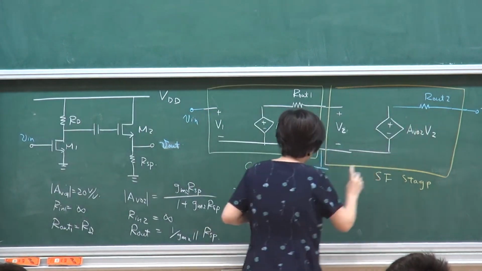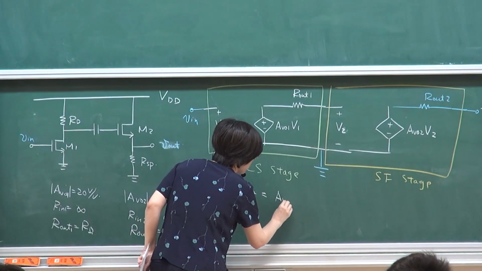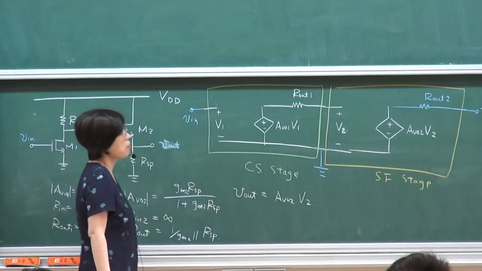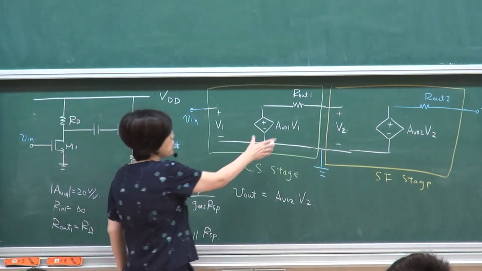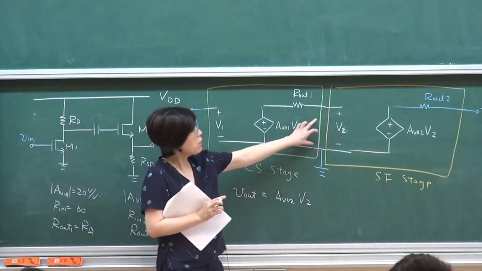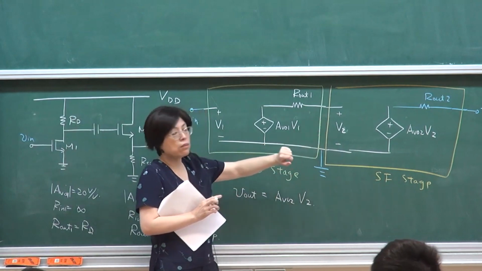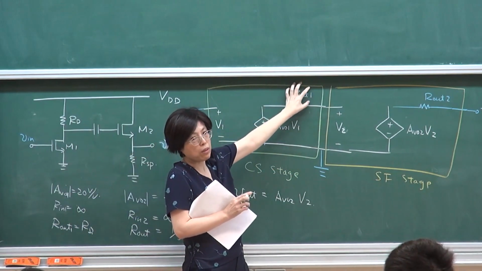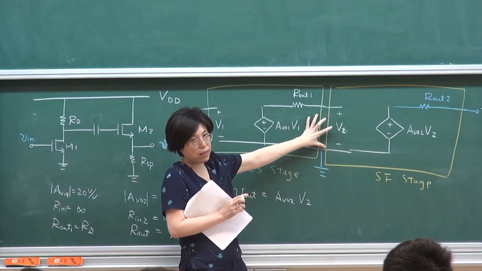So your output will simply see AVO2 times V2. What is V2? V2 is the division between the two. But because my input resistance on the second stage is infinite, you don't even need to know what RO1 is because there's no dividing factor.